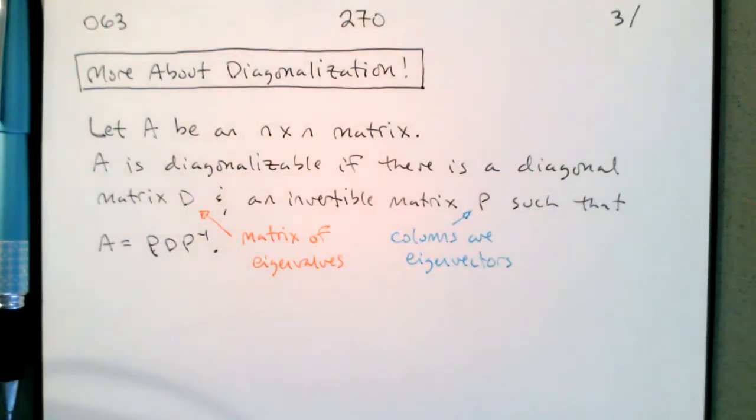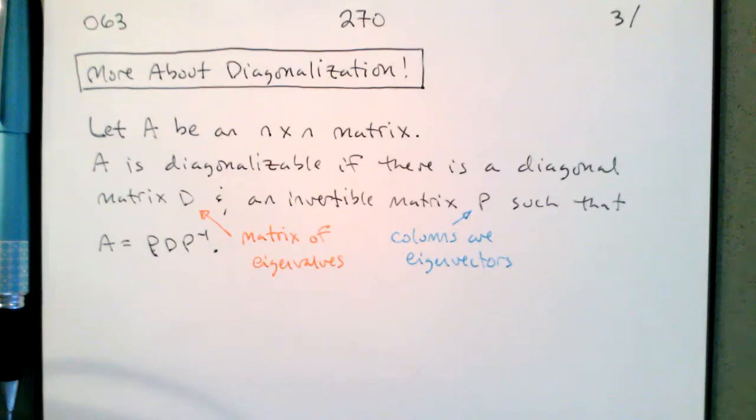Since A is equal to P times D times P inverse, and P needs to be invertible, and A is n by n, that means D is also going to have to be n by n. Since P is supposed to be invertible, P is going to have to be square. And just the sizes of everything force D to be a square matrix as well.